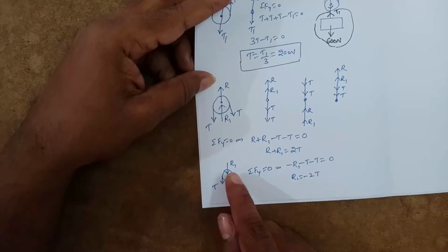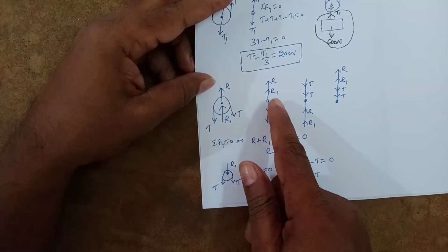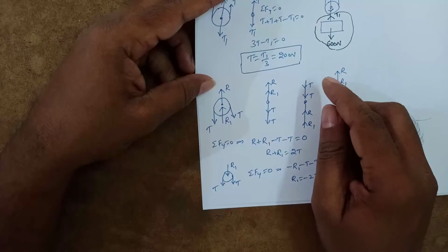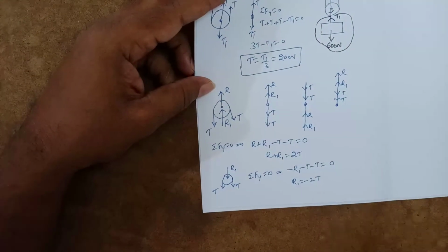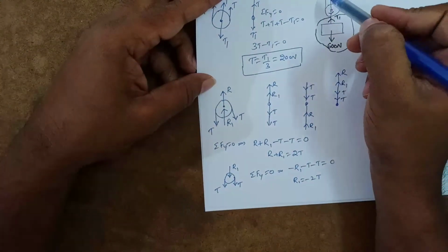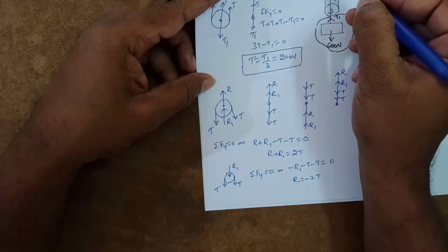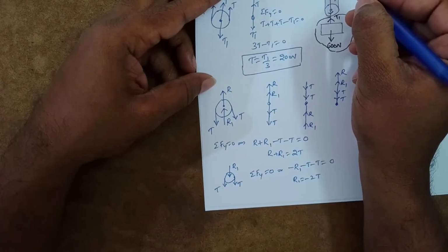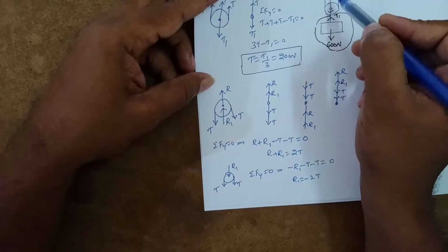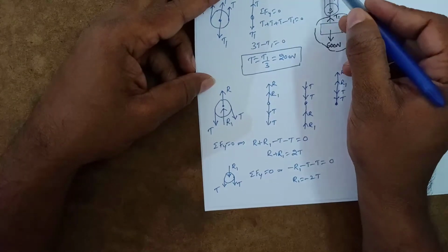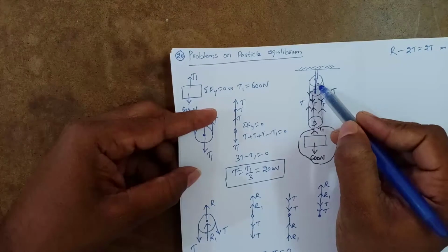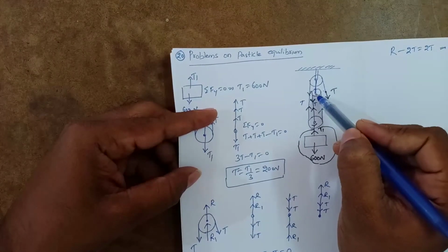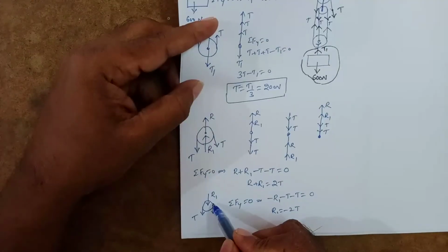So here I have taken initially in this case R1, that is the support reaction here, as R1 upward. But when I draw the free body diagram for this pulley here, it must be taken as downward.